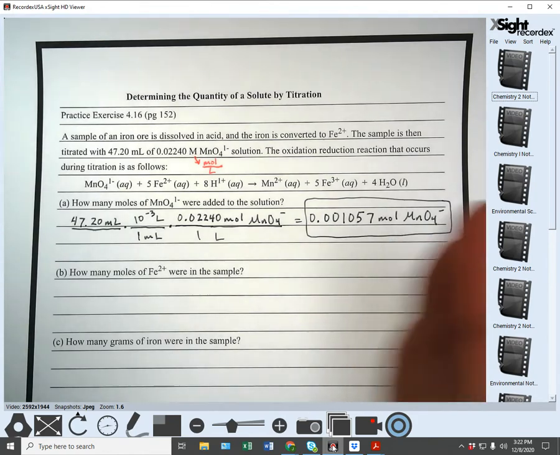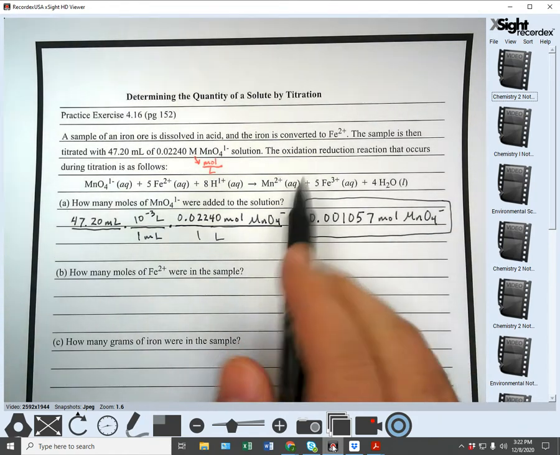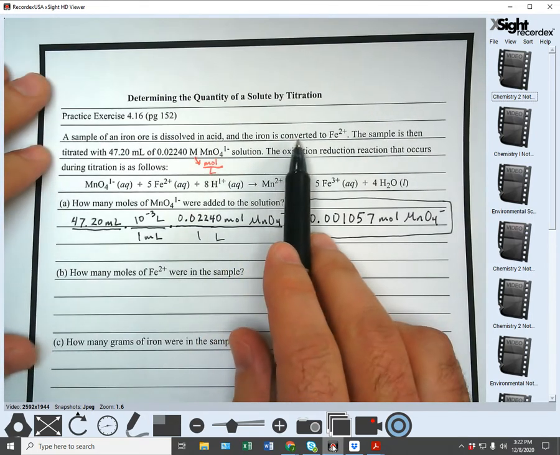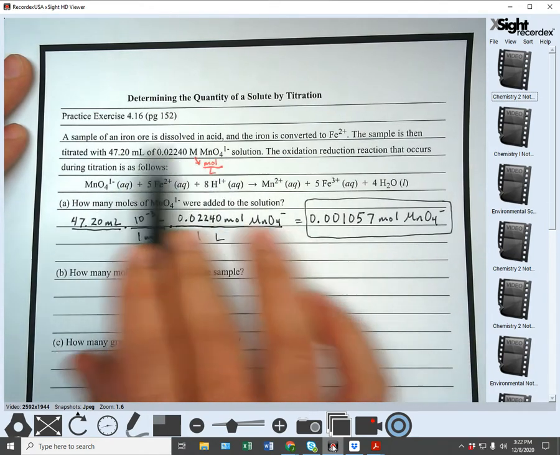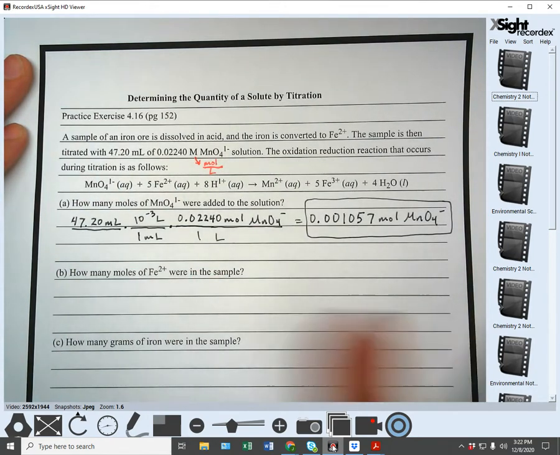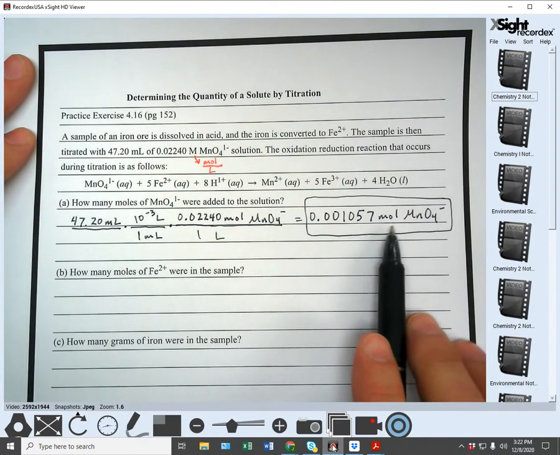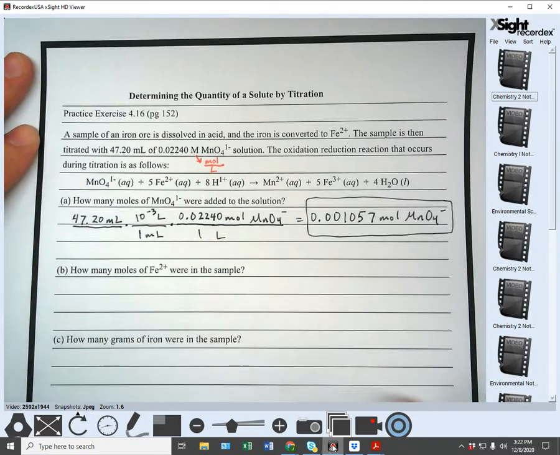So the amount of one thing equals the amount of the other, essentially. The Fe2 plus in the reaction, when it's titrated with this, is titrated until it finds the equivalency point. So what we can do is use this to find this.